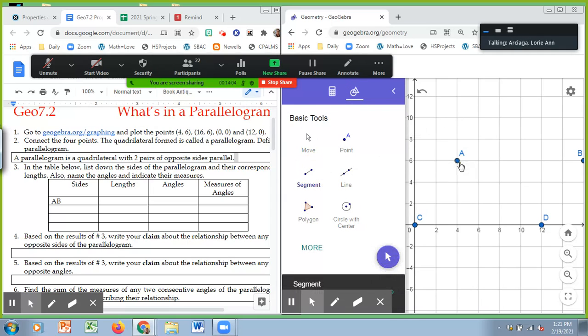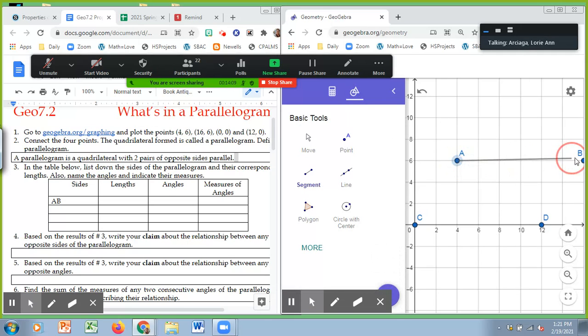And then after that, you go to geometry tool and connect your segments like this.